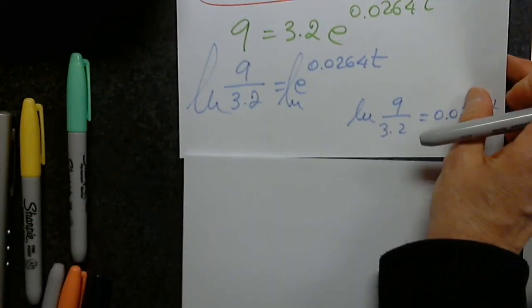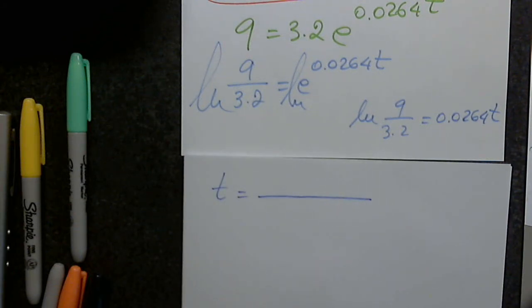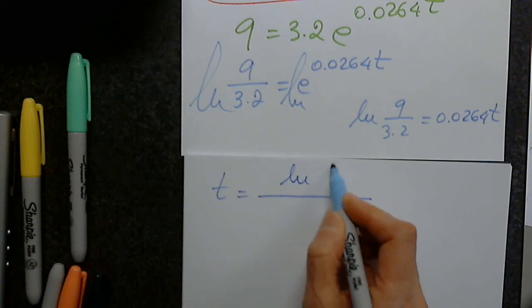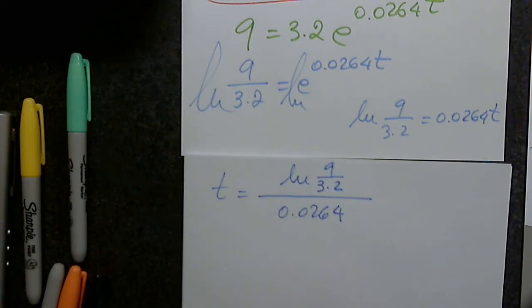And finally, t equals natural log of 9 over 3.2, over 0.0264. You understand how important it is not to calculate step by step, but wait till the final simplified form at the very end and plug everything in one step. Is that clear? Okay. Any questions from me here, please?